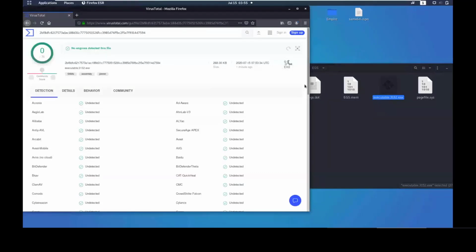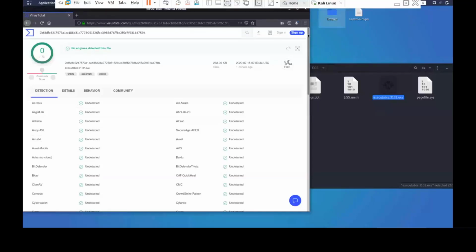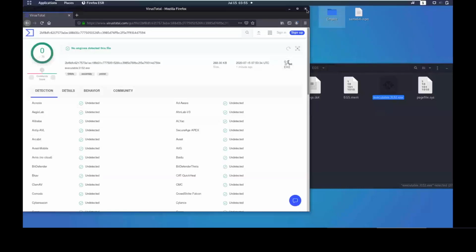This is because it has a very simple and encrypted mechanism. So this is the beauty of threat hunting. We're gonna analyze the unknown bad.